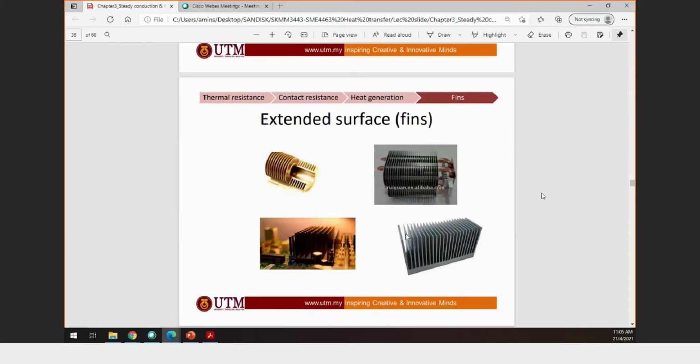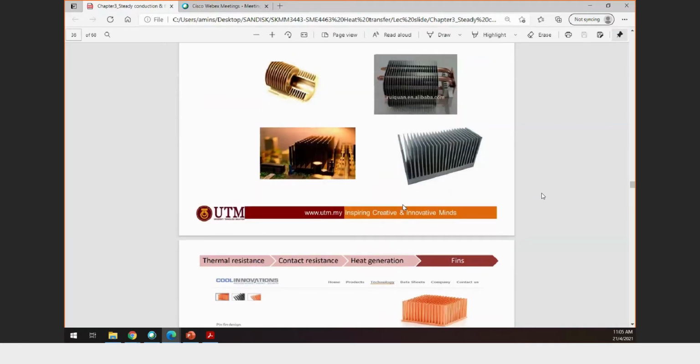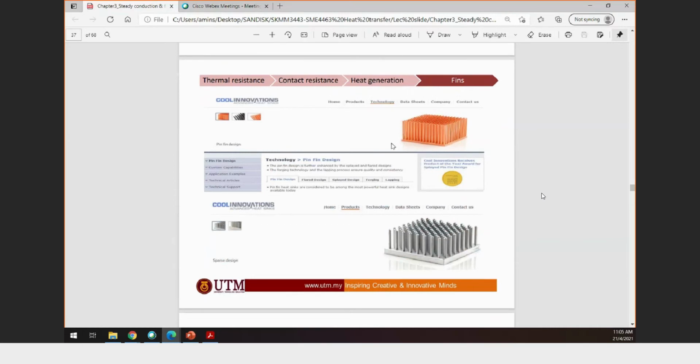This kind of component in a mechanical system is mainly used to control the temperature of that particular system. So this is another example. Fins, I think this is from the side. People develop and design fins to apply in various electronic systems.